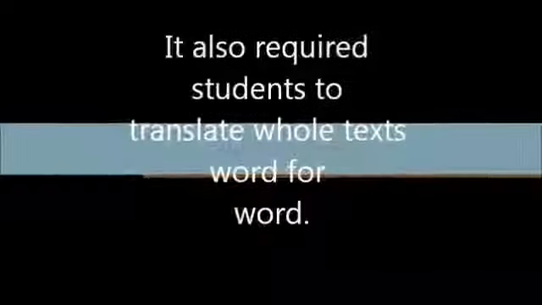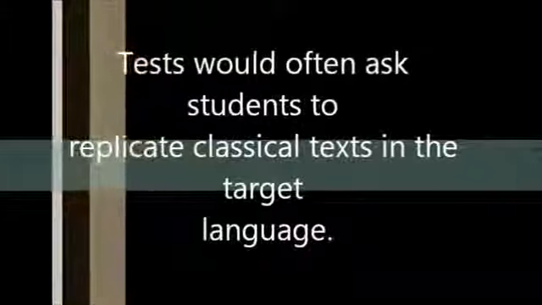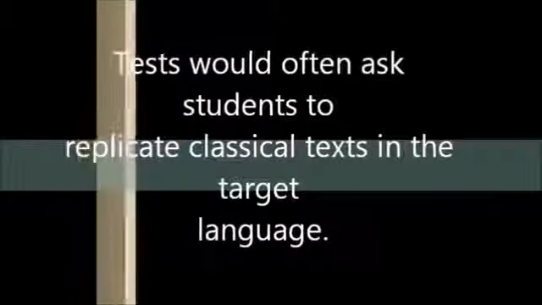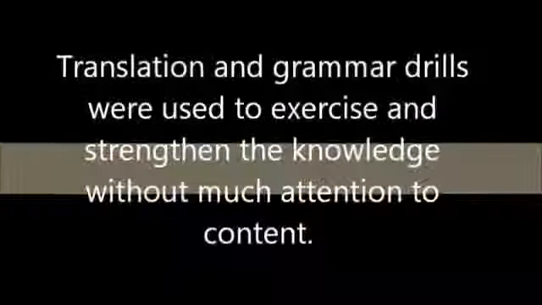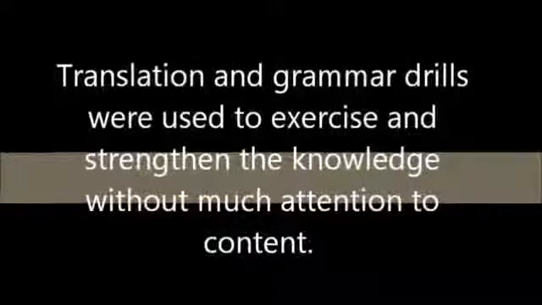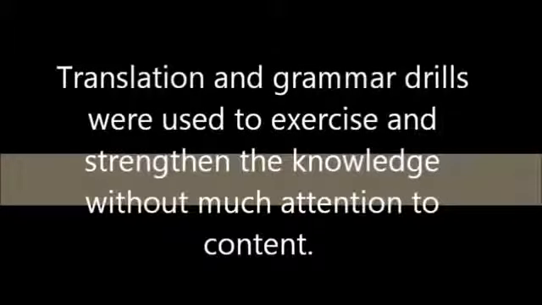It also required students to translate whole texts word for word. Tests will often ask students to replicate classical texts in the target language. Translation and grammar drills were used to exercise and strengthen the knowledge without much attention to content.